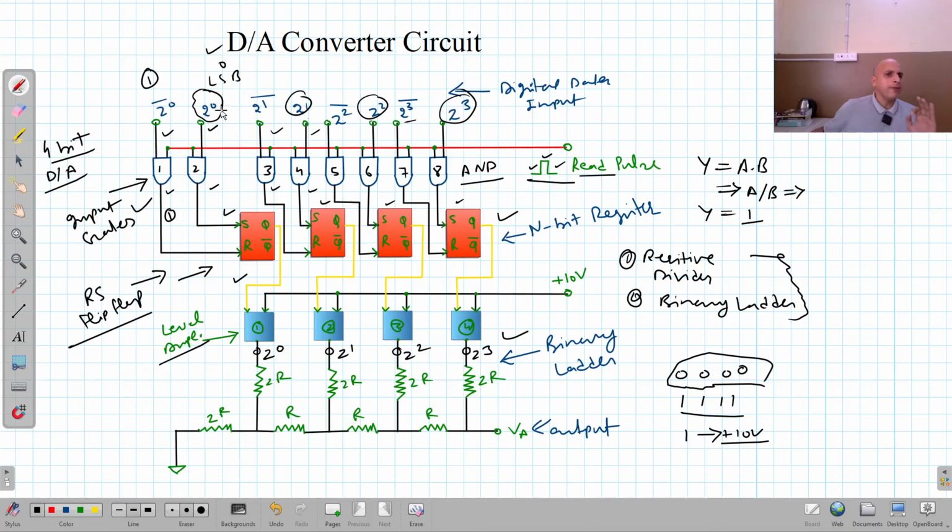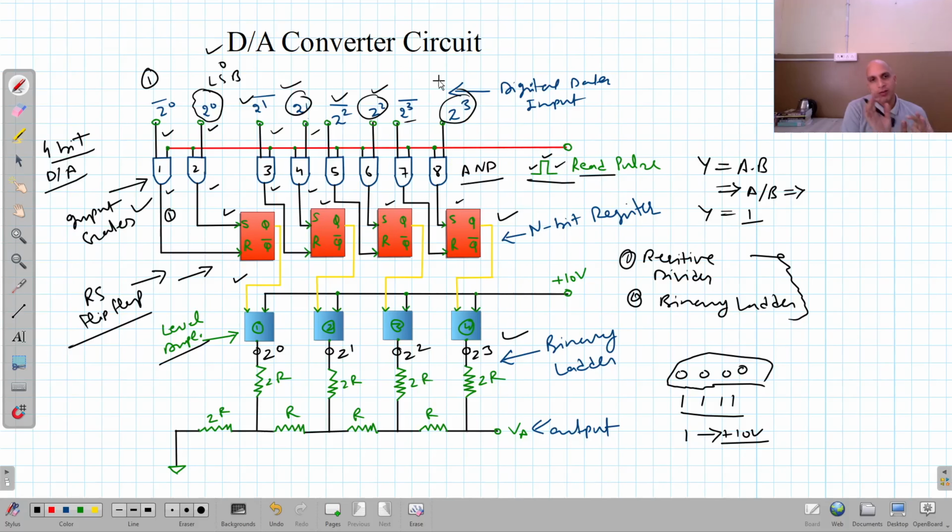We only require 4 digital inputs. I am saying that if here it is 0, it will be 1. So how will I get 1? Simply by passing this input through a NOT gate, right? Because it is the inversion of this. Similarly, it is the inversion of this, it is the inversion of this, right? So it can be achieved by using a NOT gate, right?